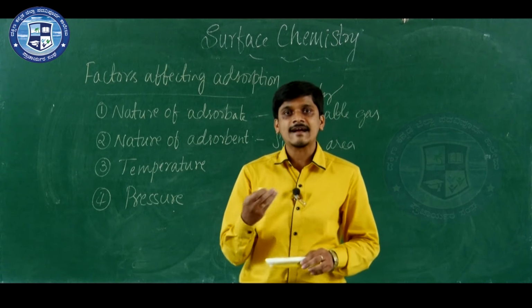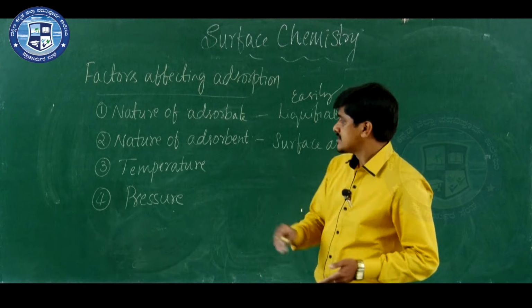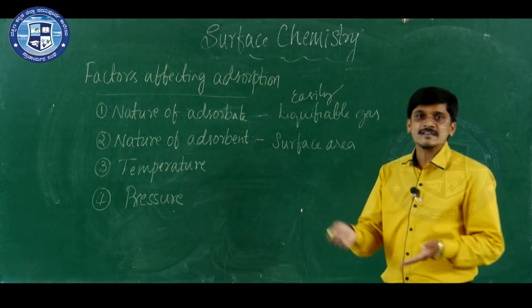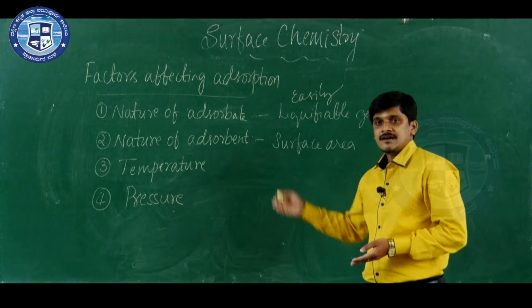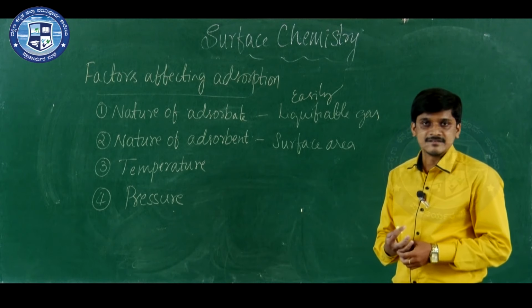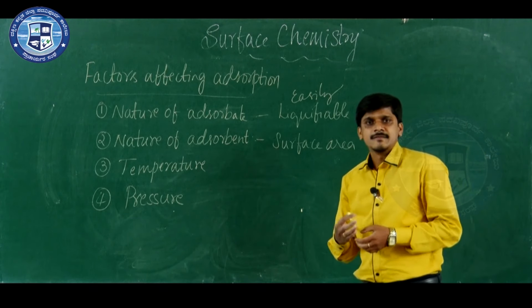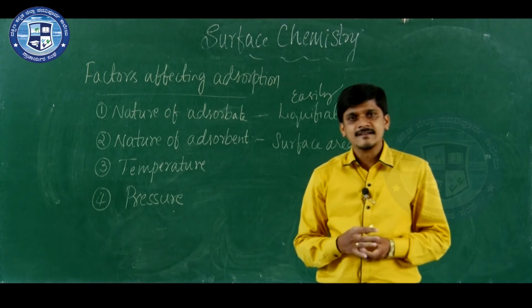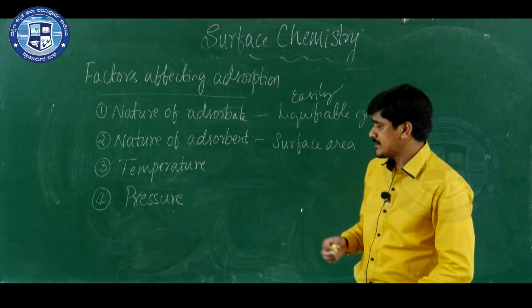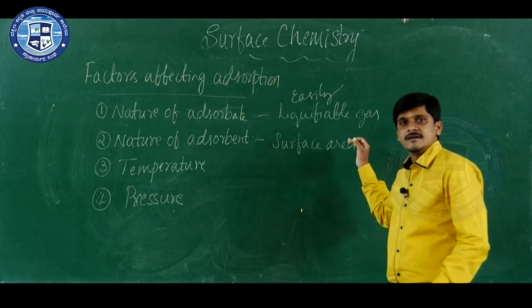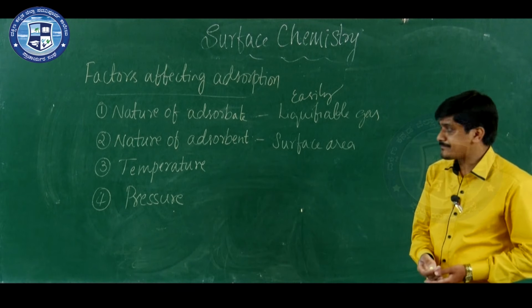Active sites means reaction sites, adsorption sites. As the surface area increases, adsorption also increases. So many metals in the finely divided state act as good adsorbents, because the more the surface area, the more will be the adsorption.